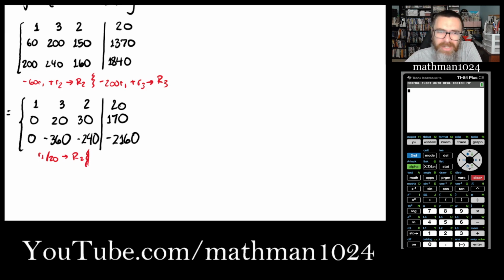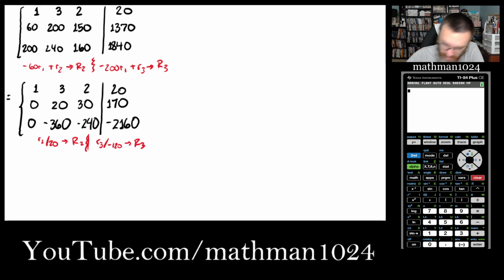For that last one, I don't want to have a negative there. And I also see that these guys have a common factor of 10, but also 12. So it's going to be 120. So I'm going to divide row 3 by negative 120 and put that into row 3.